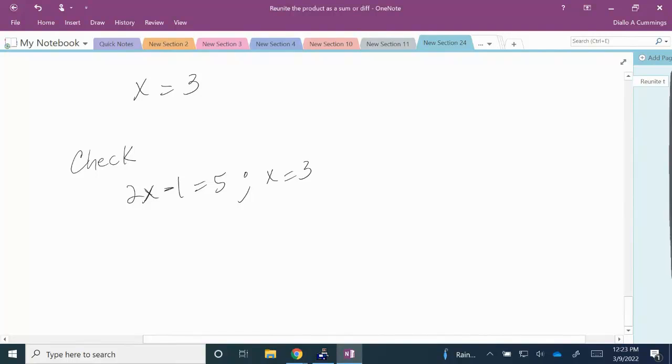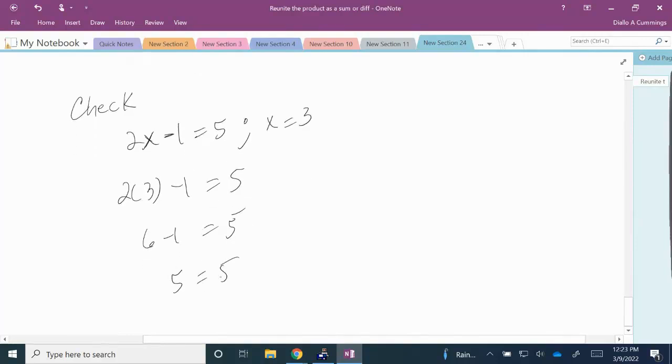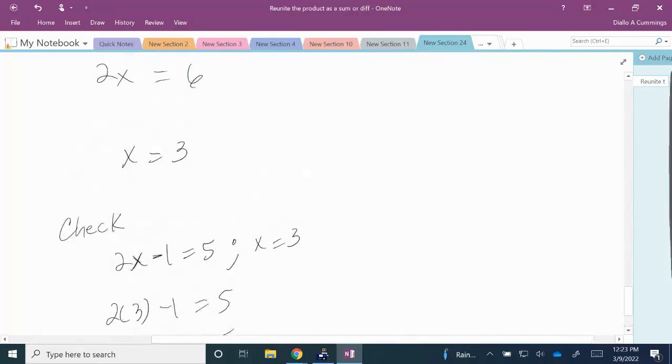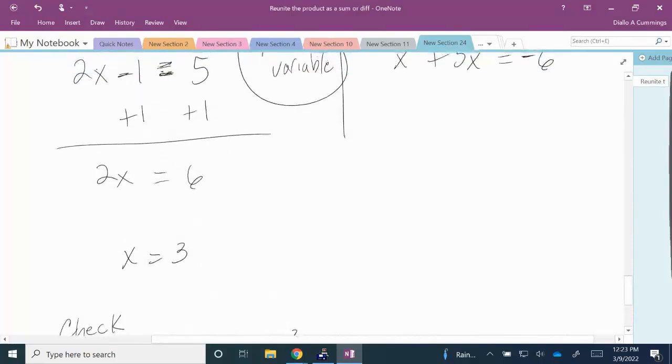If x is the solution, it's the magic number that'll make both sides equal to each other. So wherever I see an x, I'm going to substitute a 3. 2 times 3 is 6. 6 minus 1 is 5, so 5 is equal to 5. So that is a linear method.